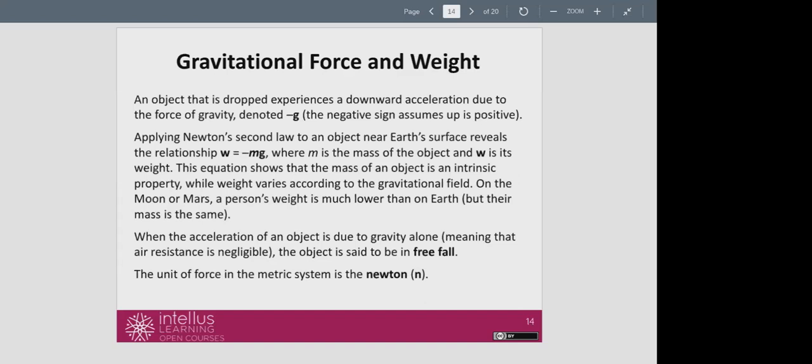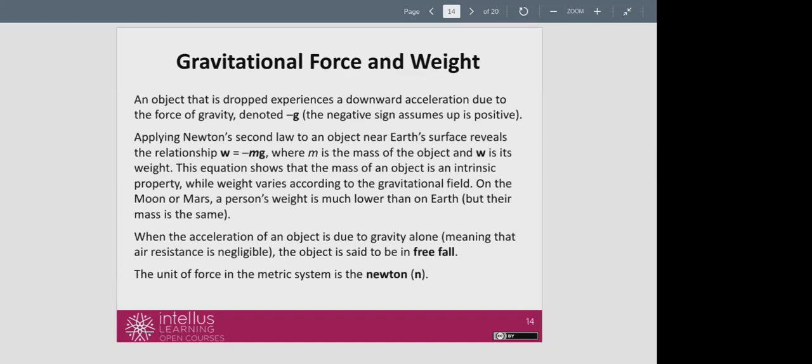So we need to understand that mass is a scalar. It does not depend on location. It does not have a direction. Mass is an intrinsic property, and therefore your mass will be the same no matter where you go in the universe. Your mass is the same on Earth as it is on the moon, as it is on Mars, as it is anywhere in the universe, because it is not location dependent.